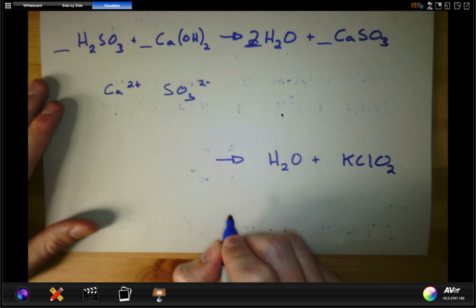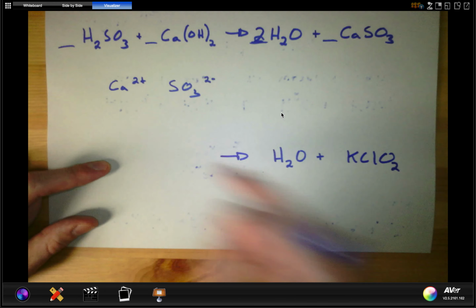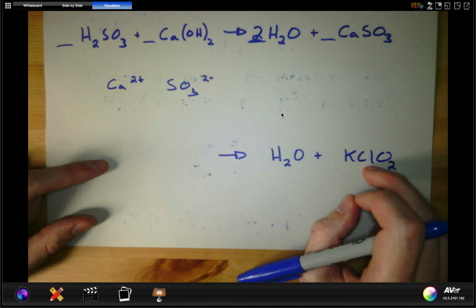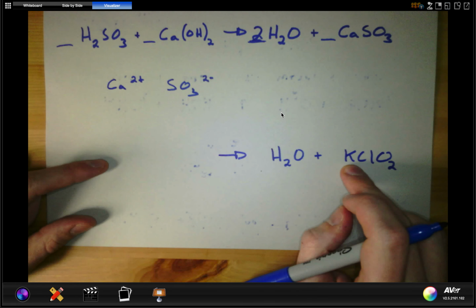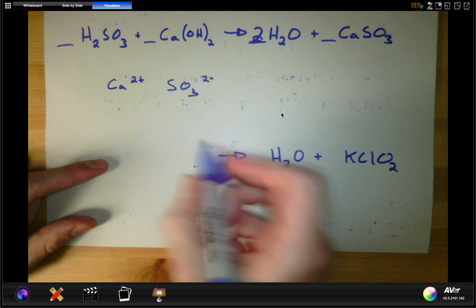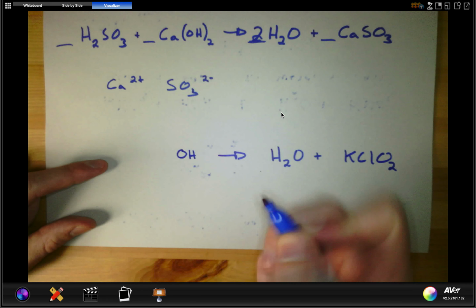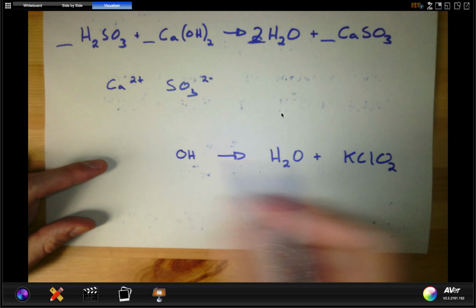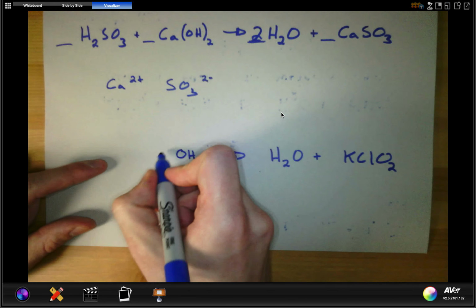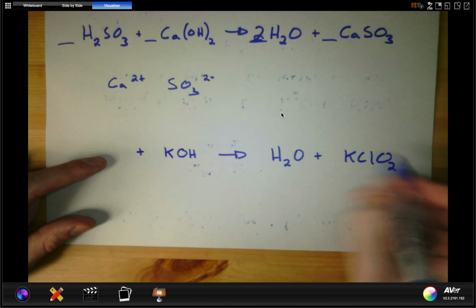So I need an acid and a base where the salt produced is KClO2. Well, I know it's going to be something with an OH for my base, because it has to be an Arrhenius base. So let's get that potassium in there. We need the positive ion. That's a positive ion, so potassium hydroxide will work. But now I need to get that ClO2.